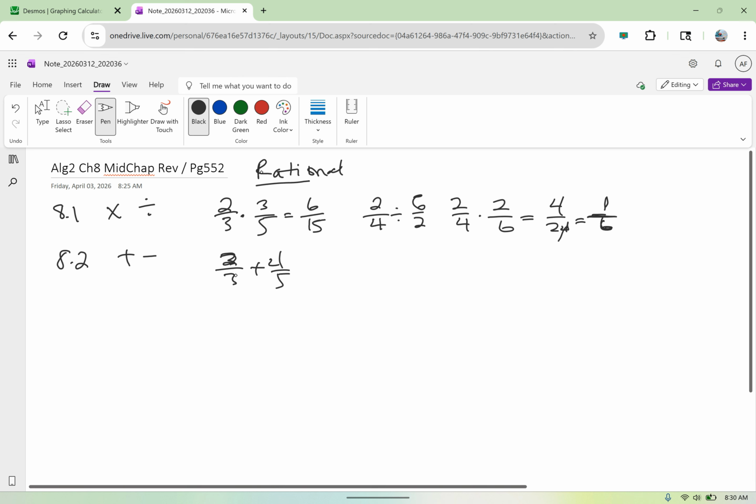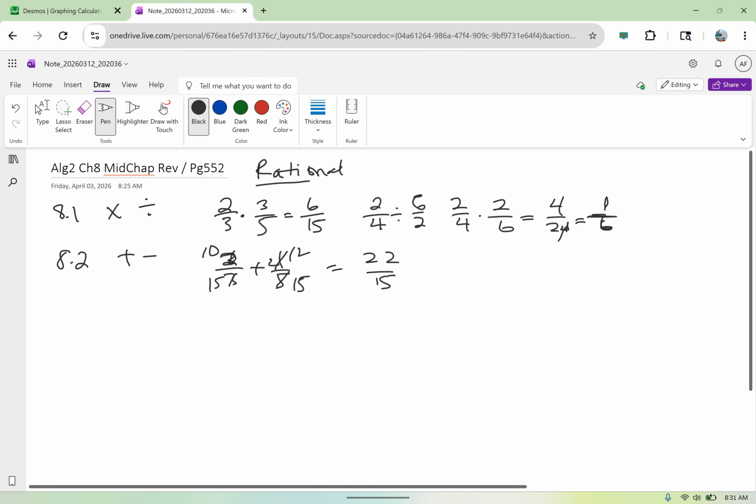So if here I'm multiplying times 5, I need to multiply this times 5, making that 10, multiply this times 3 to make 15, same denominator, and then 4 times 3 is 12, and then I can add, and I get 22 over 15. So we're applying that principle here with our rational adding and subtracting.